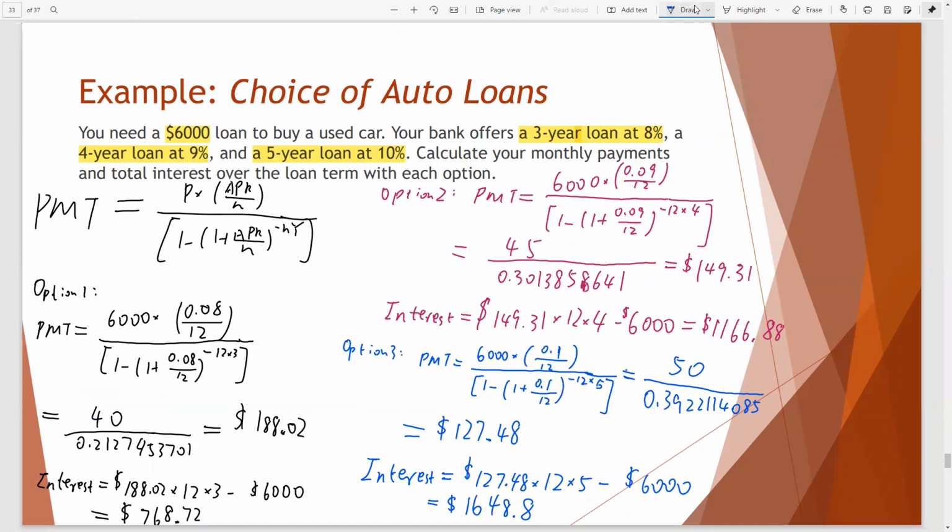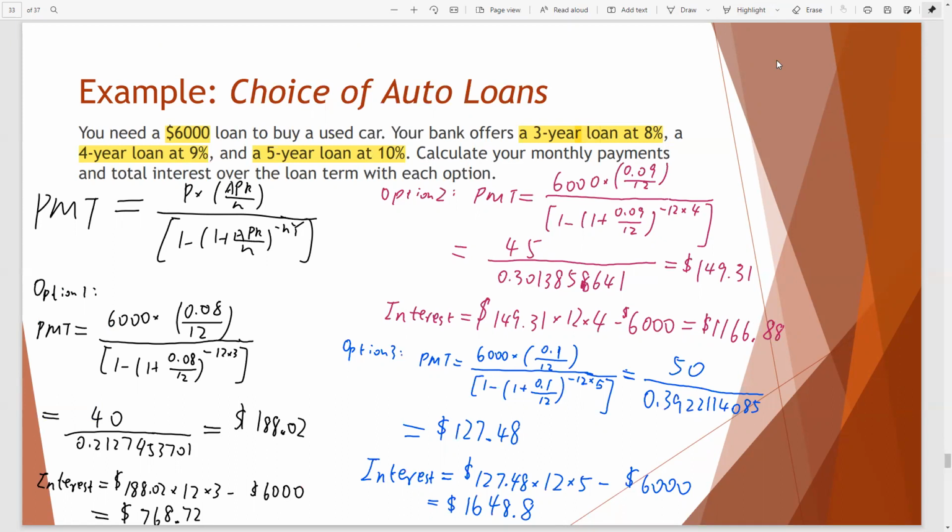So actually, what do we see? Well, longer term with high interest rate, but the monthly payment gets less and less when you borrow your money longer, right? Even though the interest rate also increases, the year is a greater factor, right? The longer you borrow the money, the lower the monthly payment will be, right?